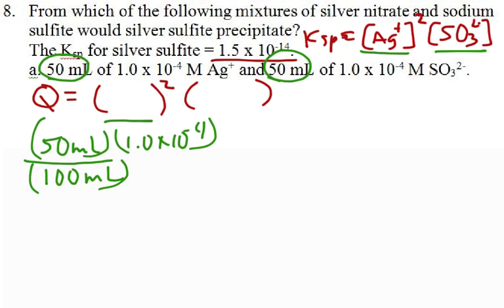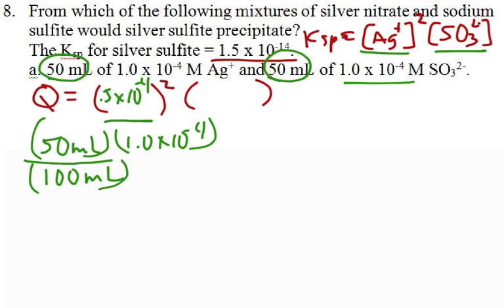And I got that by doing 50 plus 50. So my concentration is 50 over 100 times 1.0 times 10 to the negative 4. So the value I actually have is 0.5 times 10 to the negative 4 molar, or I could write that as 5 times 10 to the minus 5 molar. But 0.5 times 10 to the minus 4 molar is fine.